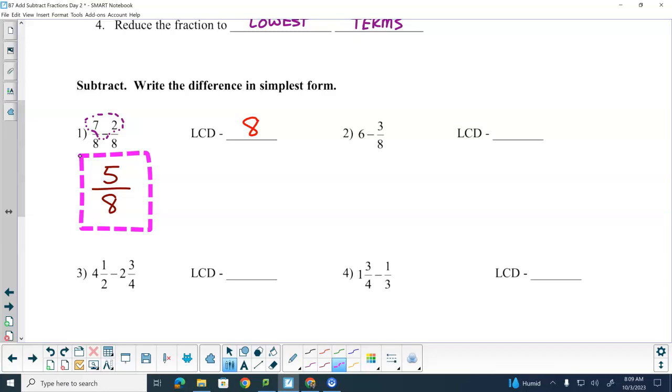Number 2. What can we do in number 2? Put a 1 under the 6? Okay. And then what can we do with that? So what's our common denominator? 8. Okay. All right.